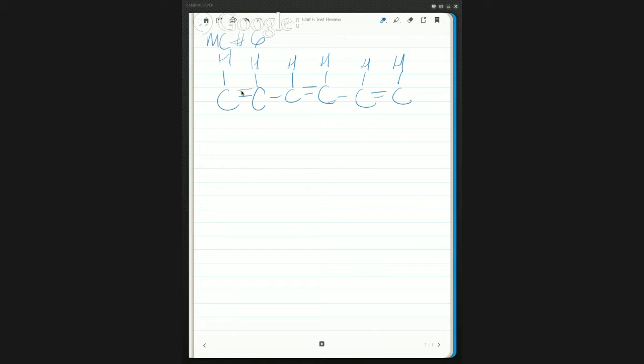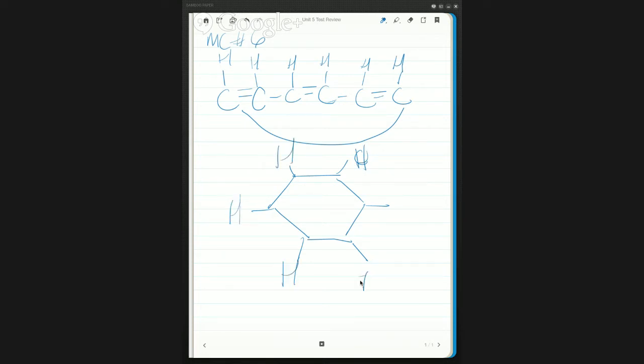So what you're starting to see is, and actually what ends up happening is that these are connected by a single bond, and you actually have a ring. H, H, H, H, H. And these are all C's right here.